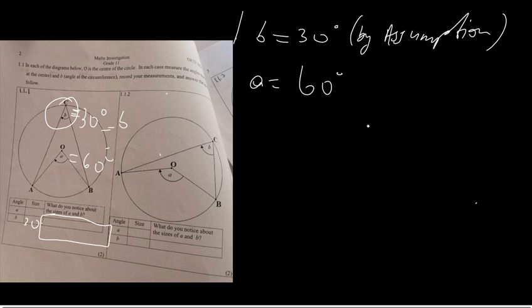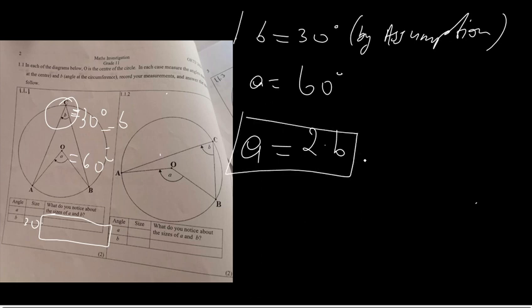What we notice about the sizes of A and B is that A is equal to 60. So 60 is equal to 2 times 30. That means A is equal to 2 times B. A is equal to 2 times B. This is what we notice.